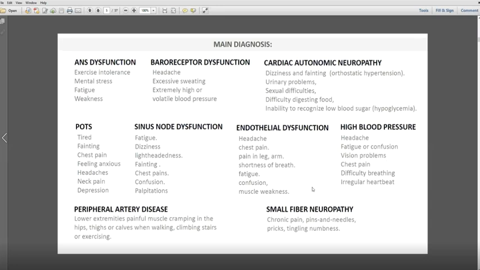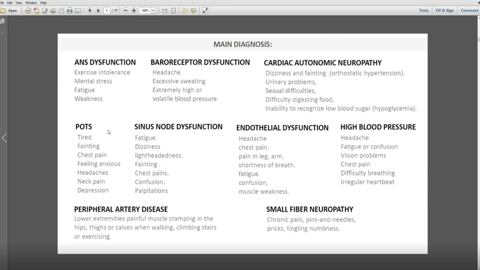So to sort of broaden out what we're diagnosing with our device, these are the different diagnoses for the system. ANS dysfunction, and you see the symptoms below. Baroreceptor dysfunction. Cardiac autonomic neuropathy, and the symptoms below. POTS, which stands for postural orthostatic tachycardia syndrome.